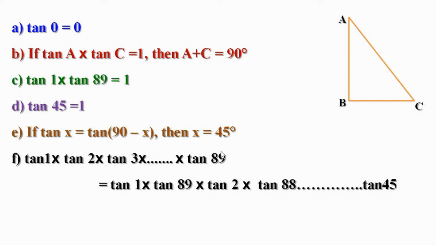Similarly, tan 2 into tan 88 also equals 1. And like that, tan 44 into tan 46 also equals 1. And lastly, tan 45, that is also equal to 1. So we get 1 into 1 into 1 into extra, and that is equal to 1.